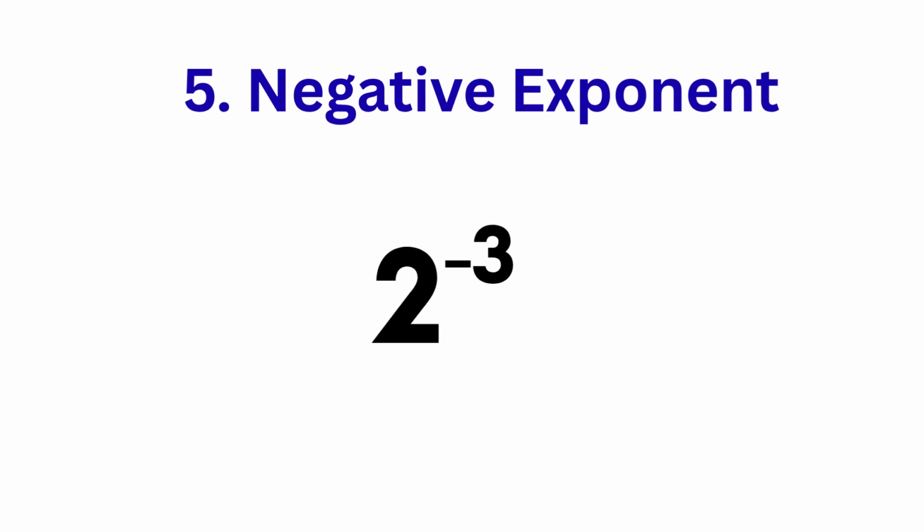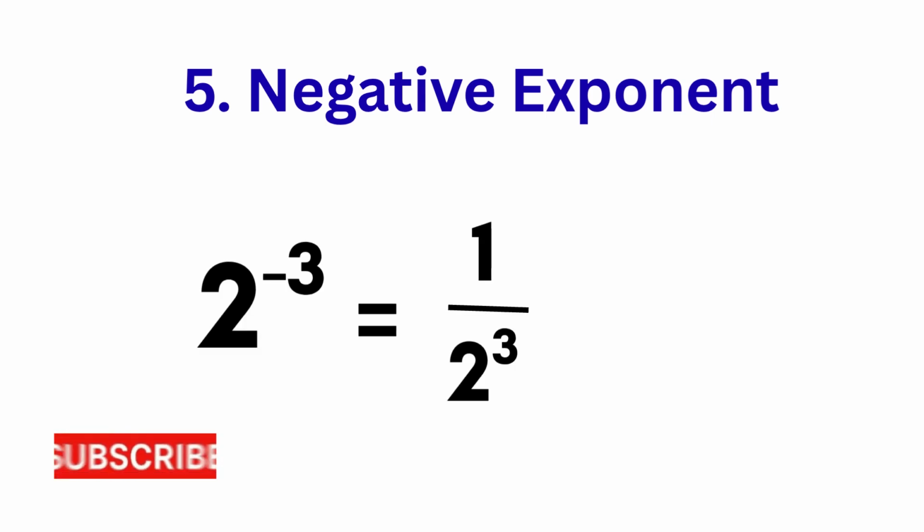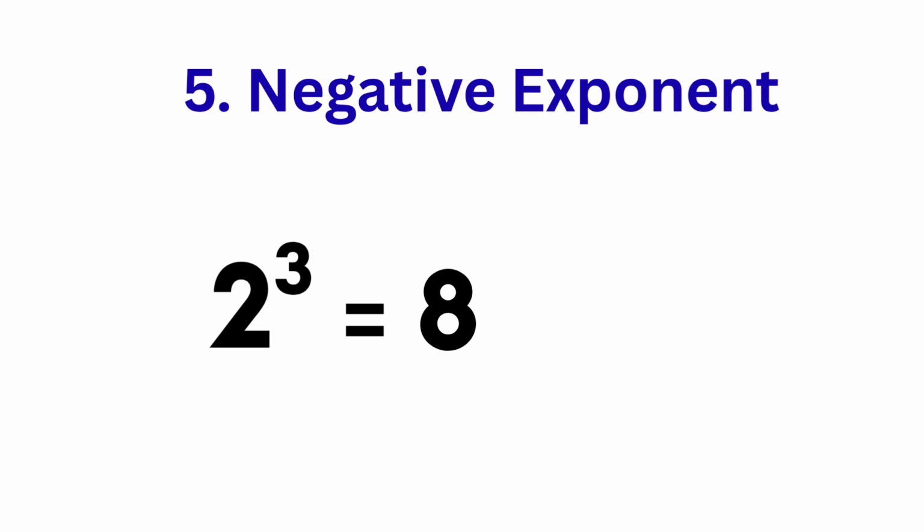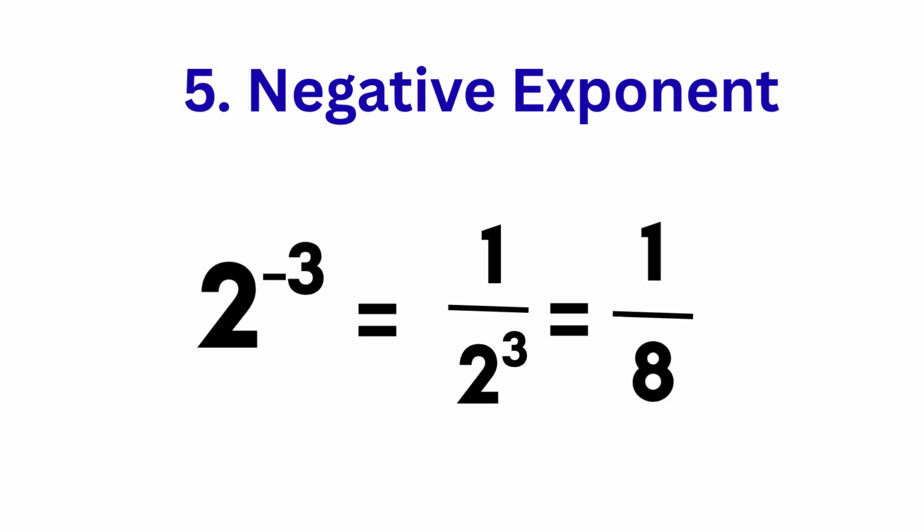Let us look at an example of 2 to the negative 3 exponent. That is 1 divided by 2 to the positive 3 exponent. As we know that 2 to the power 3 equals 8, then we will have 1 over 8. And apply the same rule whenever we see a base that is raised to a negative exponent.